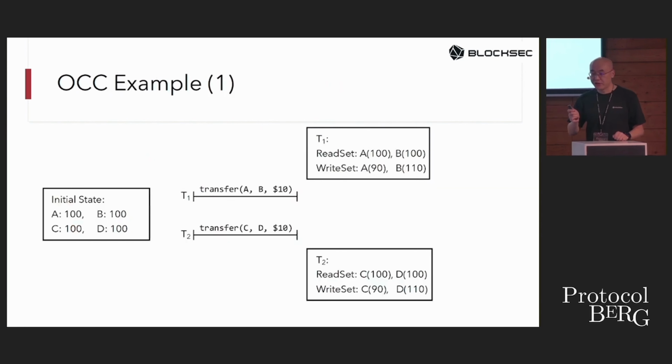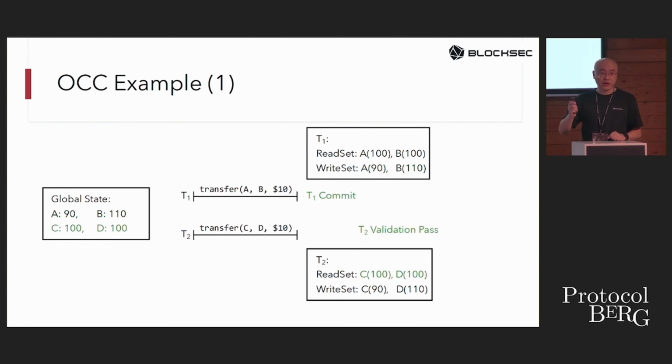So we have an example here. Suppose we have two transactions, as shown before. Transaction T1 transfers tokens from A to B, and another transaction T2 transfers tokens from C to D. In the first step, these two transactions can be executed in parallel. After the execution of T1, we do the validation to see whether there is any dependency on other transactions, and this validation passes, and the state change will be committed.